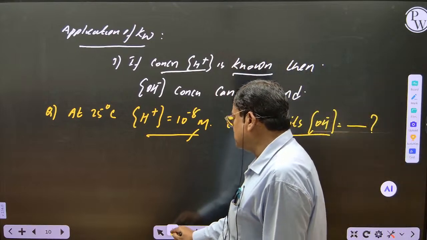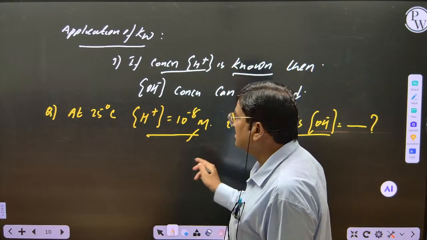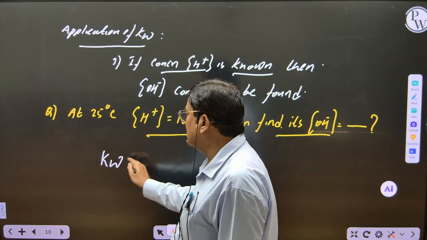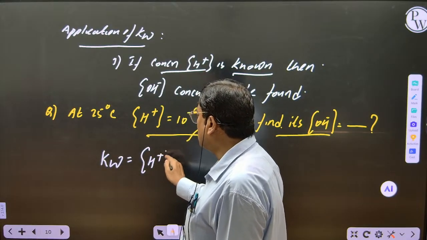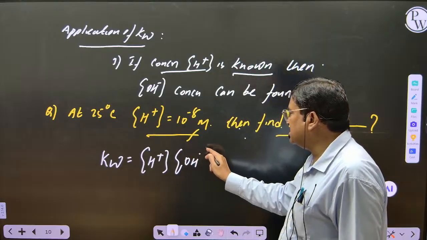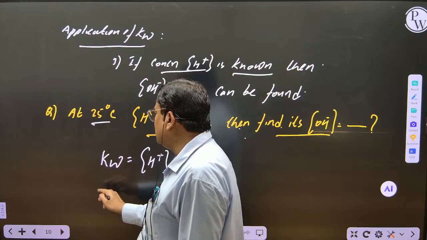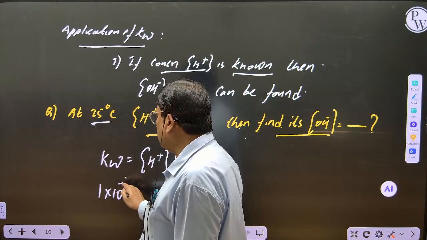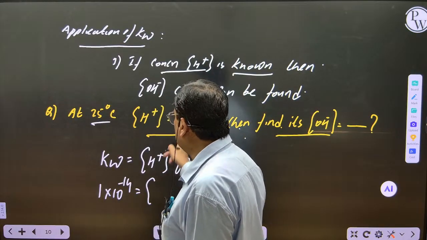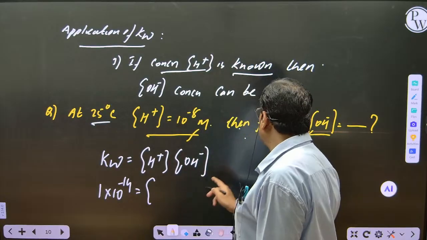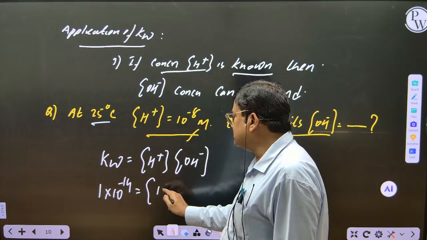Then how do you approach? As we studied, Kw is the product of what and what, students? It is the product of H plus ion concentration into OH minus ion concentration, no? As it is 25 degrees Celsius, what should be the value of Kw? 1 into 10 power minus 14 is equal to this H plus ion concentration, given as 10 power minus 8, into OH minus.